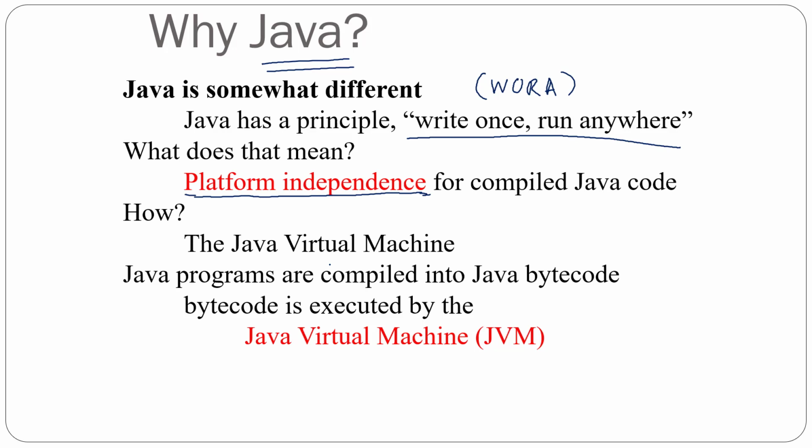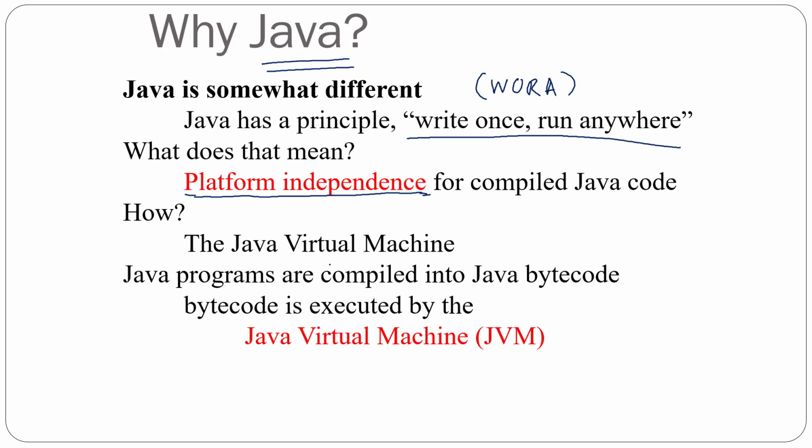They wanted to come up with a programming language for embedded devices, right? So they wanted a language which can run on different kinds of devices. Their objective in designing Java was totally different from the objective of designing any other language.